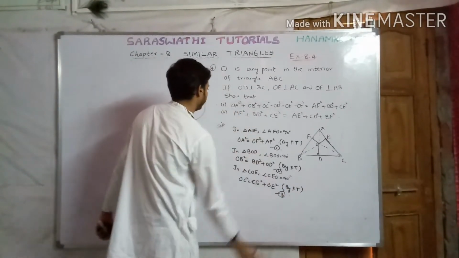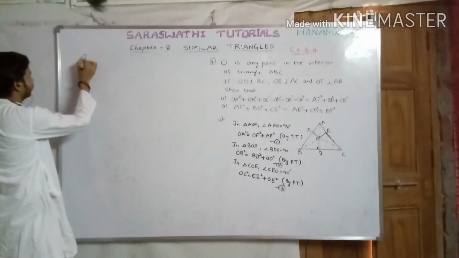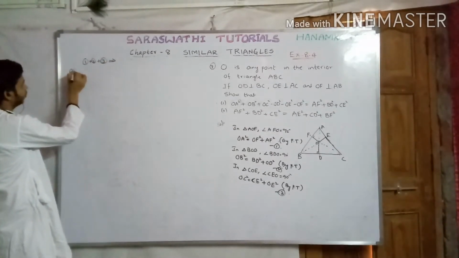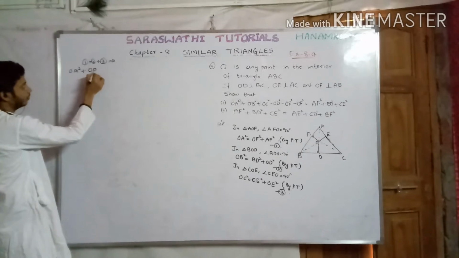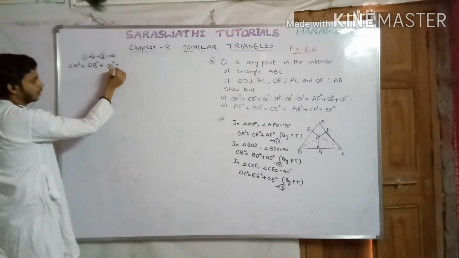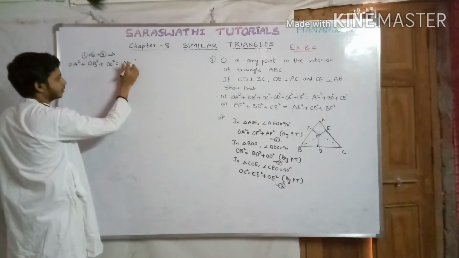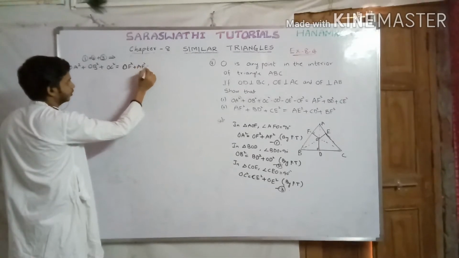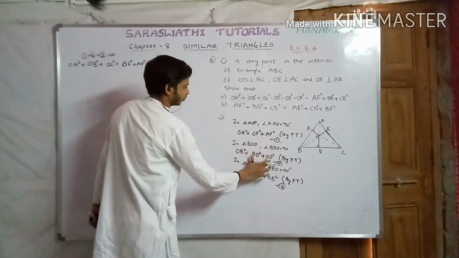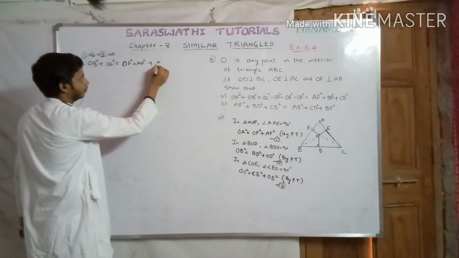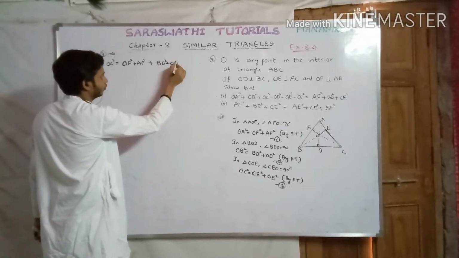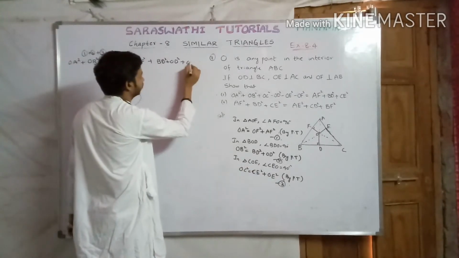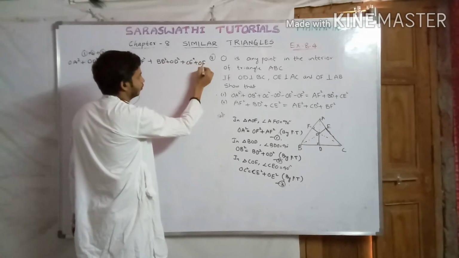So if we add these three equations, first, second and third, we get OA square plus OB square plus OC square equal to OF square plus AF square, plus BD square plus OD square, plus CE square plus OE square.